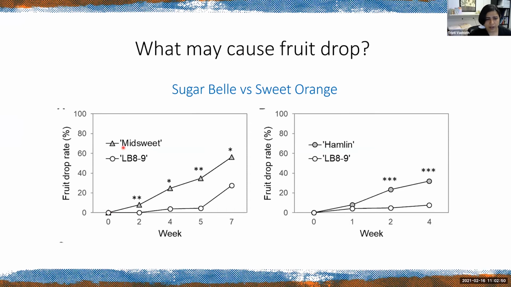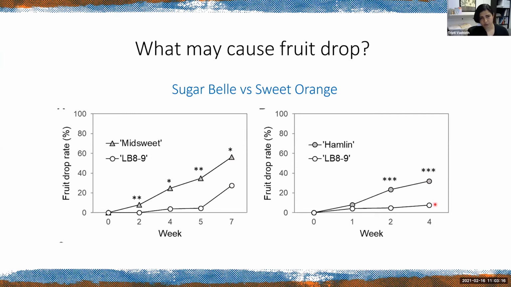Here, we left the fruit on the tree when the rest of the grove was harvested. So these many weeks after the harvest has already been performed on the rest of the trees, SugarBelle did not drop more than 20% of the fruit, whereas Midsweet was dropping about 60% and Hamlin was dropping 40%.